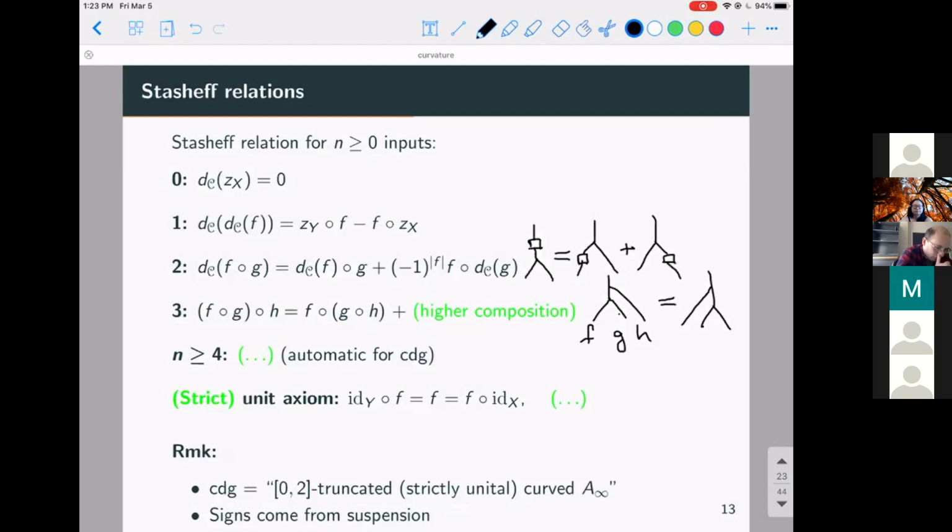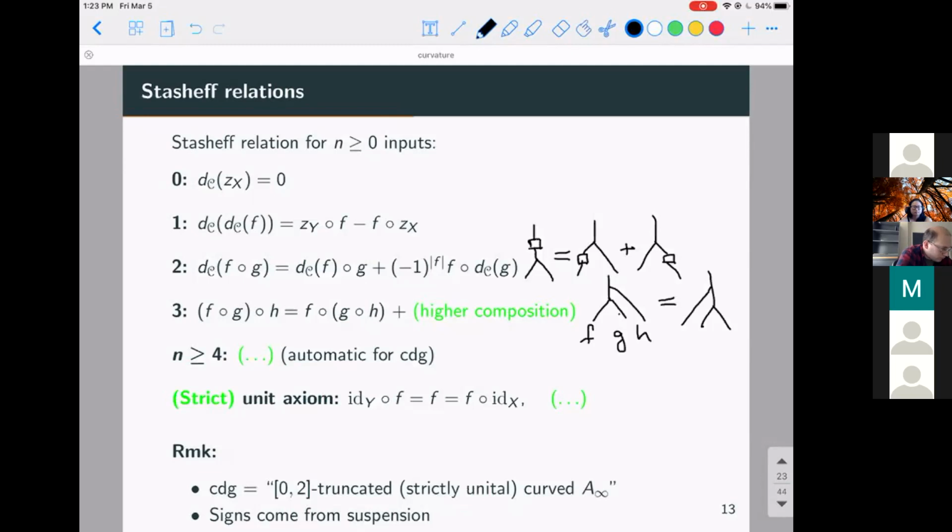Okay, so notice in both these cases, these equations are all quadratic in the sense that you're taking two of these operations and you're basically setting equal to zero some linear combination up to a sign of all the quadratic relations you can write down with the same number of inputs.